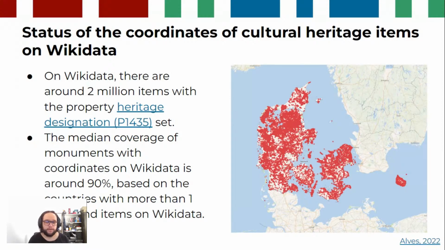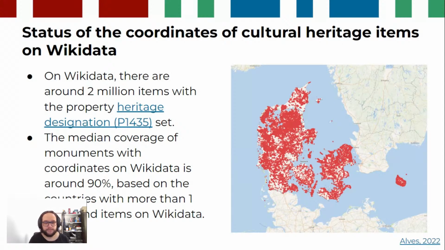One big group of items is the cultural heritage items, the items that have the property P1435 set, the heritage designation property on Wikidata, and we have 2 million cultural heritage items that have this property on Wikidata.